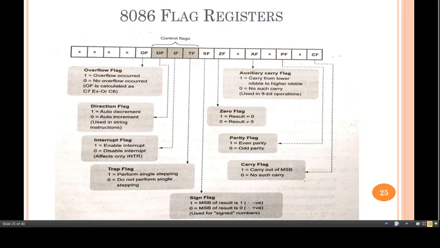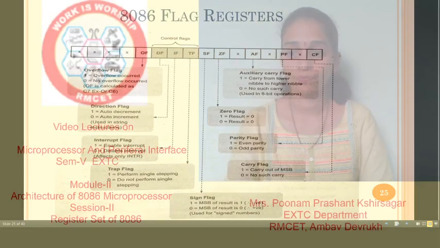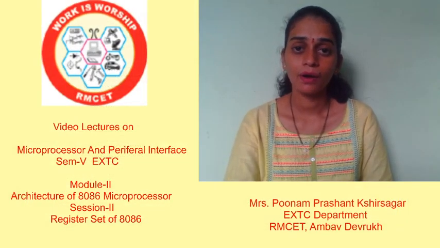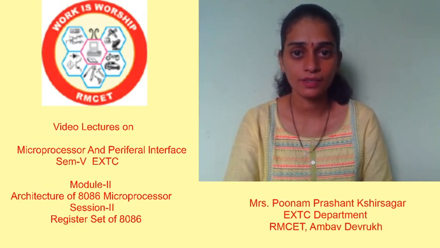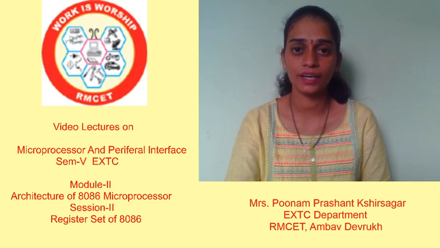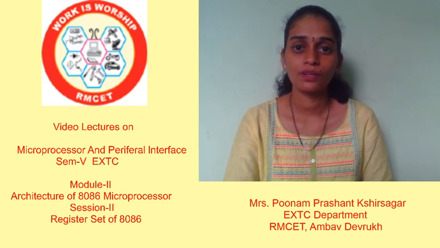So these are the different flag bits available in the 8086 processor, and here we can observe the bits 1, 2, 3, 4, 5, 6, 7, which are undefined in the flag register. So this is all about today's session. We have studied the different types of registers in 8086. Thank you for watching the video.